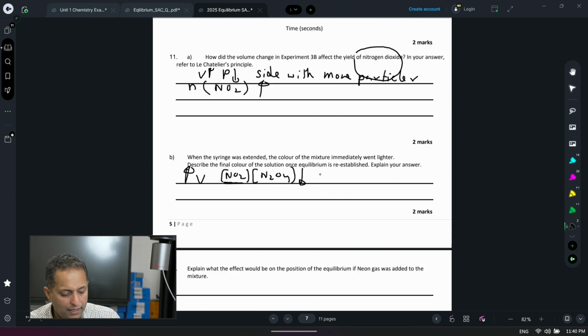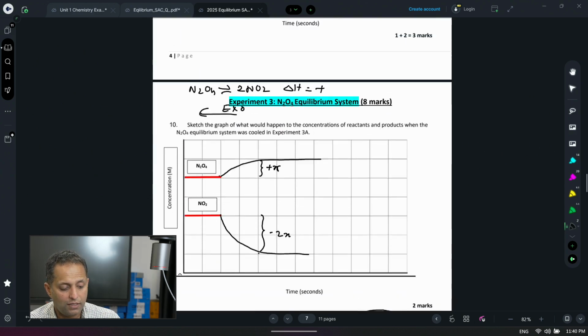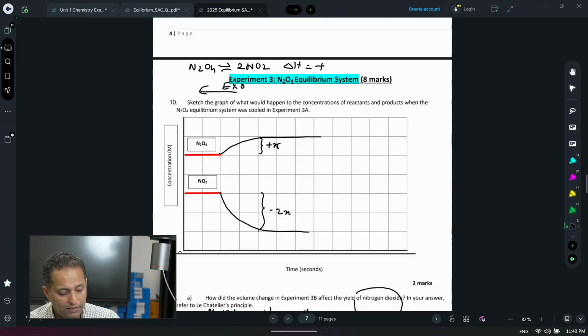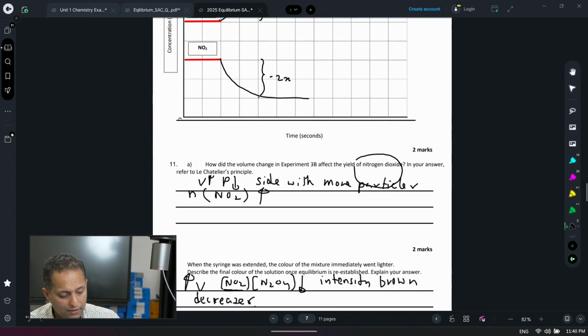Therefore, the intensity of the brown color immediately decreases, right? Then what will happen? The system will partially oppose the change by trying to increase the pressure. Therefore, the system will favor the net forward reaction.